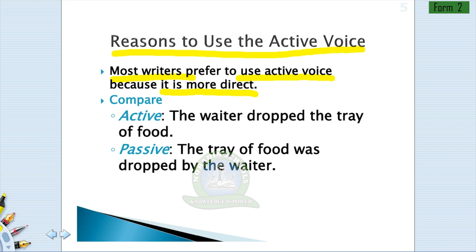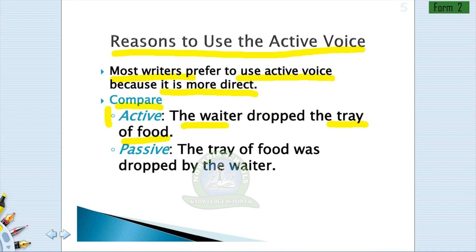If you compare this to active: the waiter dropped it. The waiter, a person who serves in a restaurant, dropped the tray of food. He was carrying a tray full of dishes or maybe drinks. This is an active voice.